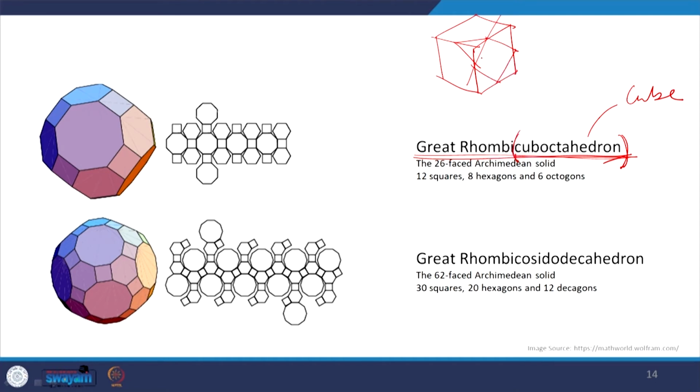Now, once we have this cuboctahedron, further these points, which had 2 triangular surfaces and 2 square surfaces, if we chop them off, we have the square which is filling it up, then we have these octagons, and the place which was the triangle becomes a hexagon. So for the great rhombicuboctahedron, we have 12 squares, 8 hexagons and 6 octagons.